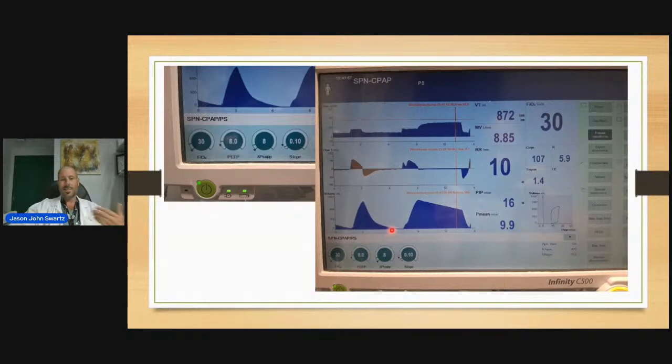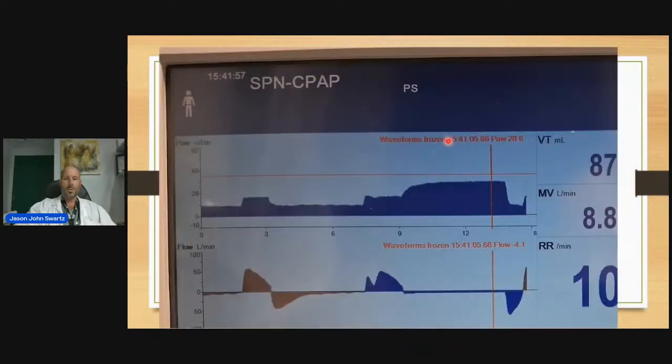But when you actually do the inspiratory hold, you realize that it's not 16. You see the effort here and here, the end of inspiration, the expiratory pause, a nice plateau, and we see here 28.6.